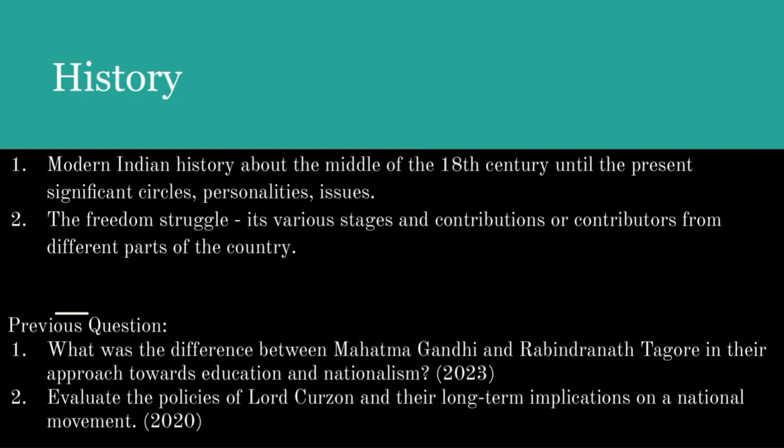You need to focus on significant events, personalities and issues from 1750. Look at the previous year question: Evaluate the policies of Lord Curzon and their long-term implications on the national movement. This question has been asked under the subtopic personalities.